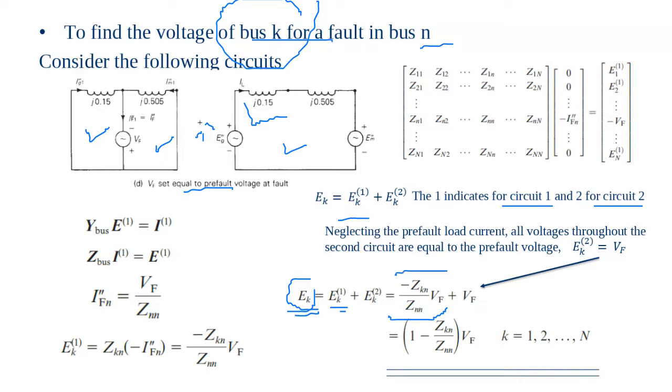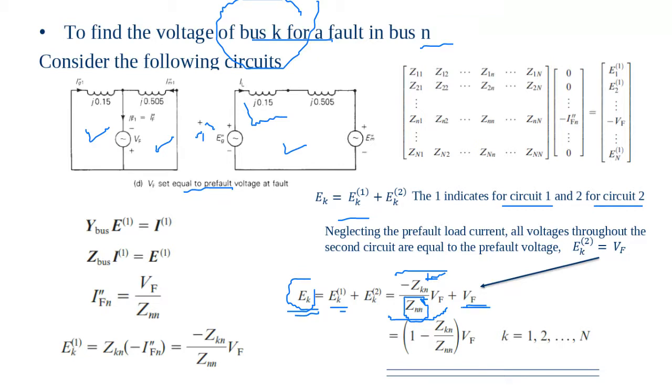VF, the pre-fault voltage, over Zn gives you the current. VF over Zn times Zkn. And then we add the pre-fault current.